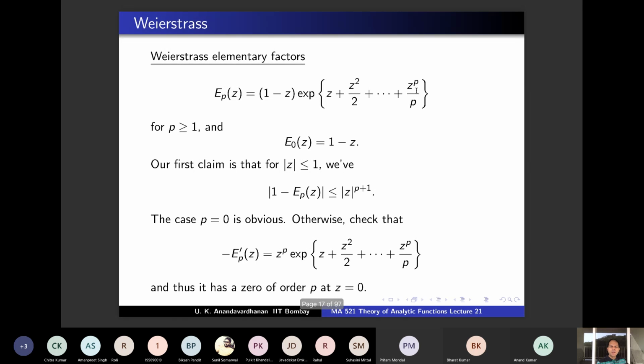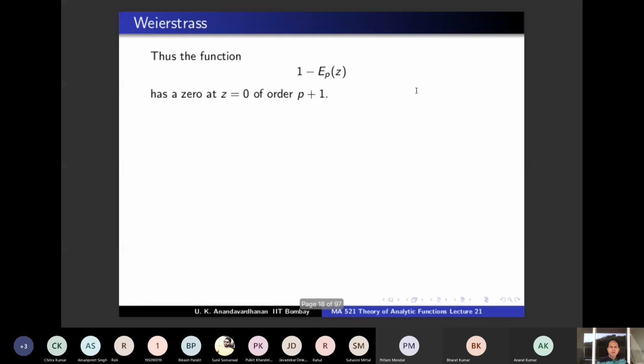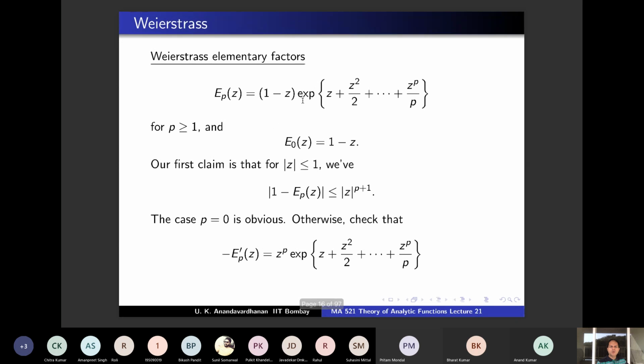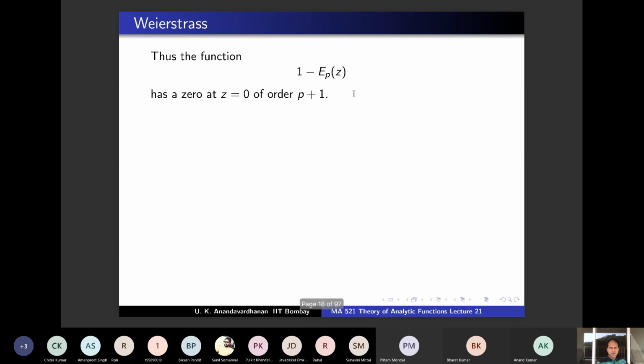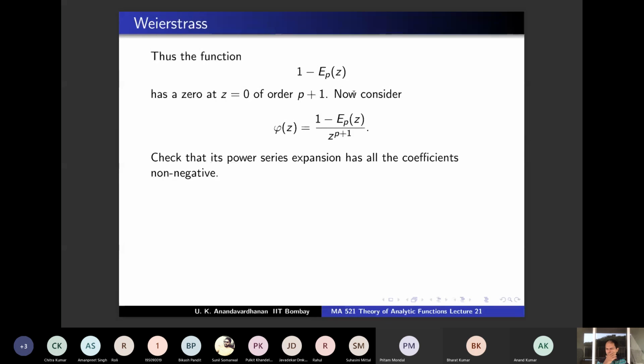So what you need to observe is that all the coefficients are non-negative. So 1 minus E_p(z), if you expand it as a power series, all the coefficients are real numbers and they are non-negative. This you also check, because E_p(z) is given, no? It's an explicit power series.